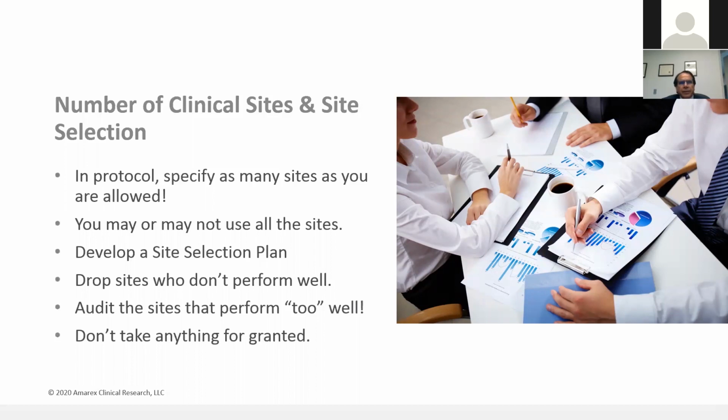Then another thing that I would like to emphasize, and we do that, is don't let one site have too many of your observations, more than, put a number, 15%. Just in case, for whatever reason, that site has to be dropped.